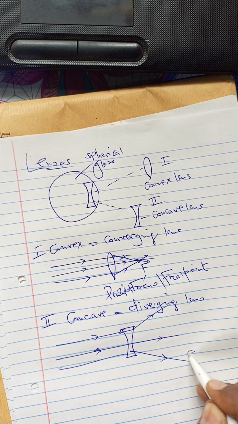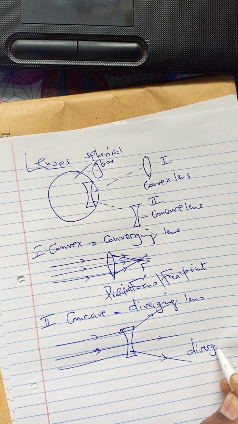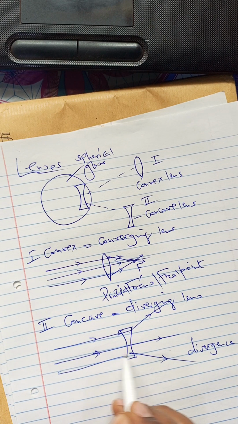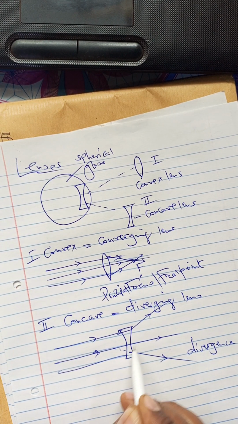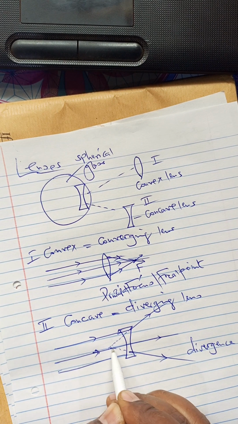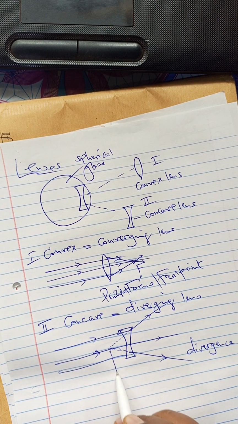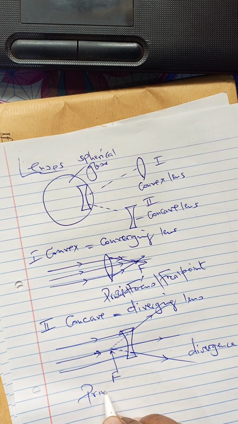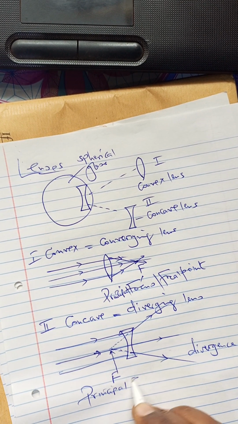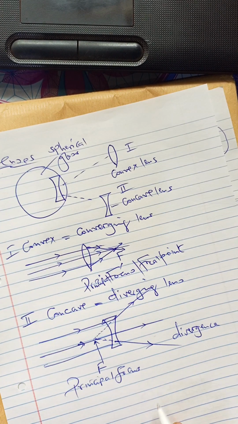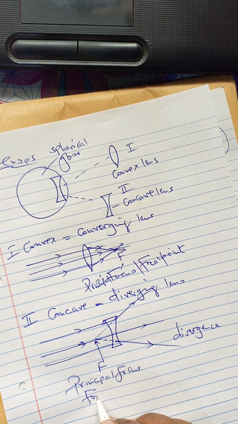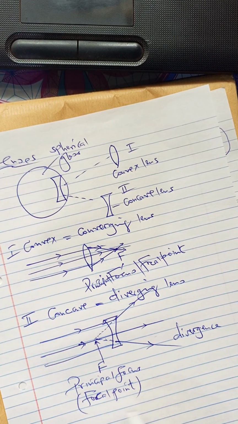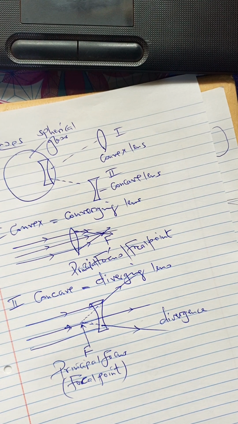So that's the divergence. And if you trace backwards, these rays seem to be coming from some point there. This point is called F, the principal focus, the focal point. So that's a diverging lens.